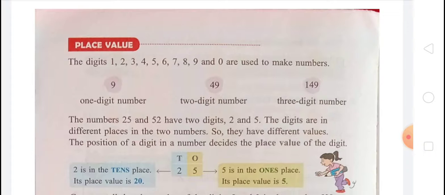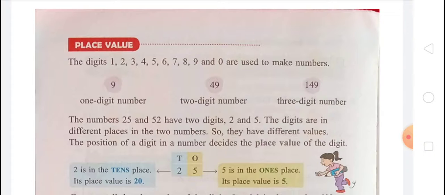The digits are in different places in the two numbers. In 25, 5 is in the 1's place and 2 is in the 10's place. But in 52, 2 is in the 1's place and 5 is in the 10's place. So the digits are in different places, and they have different values. The position of a digit in a number decides the place value of the digit.